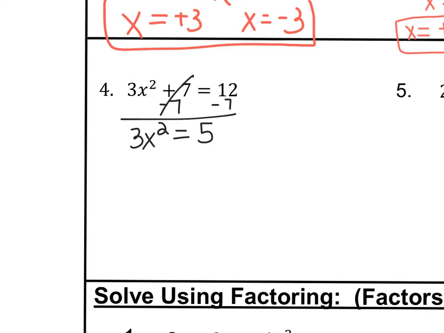Now again, my goal is to get the x squared by itself. How do I move this 3 to the other side? Divide by 3. So now we have x squared equals a fraction. Not 2.5. So how do I get rid of the square on the x?